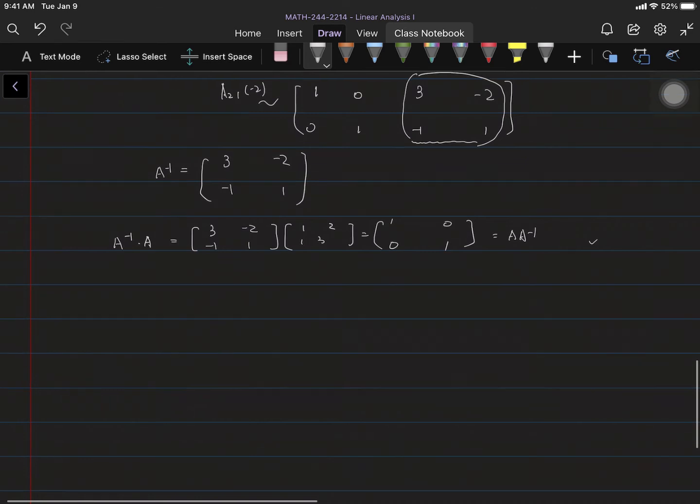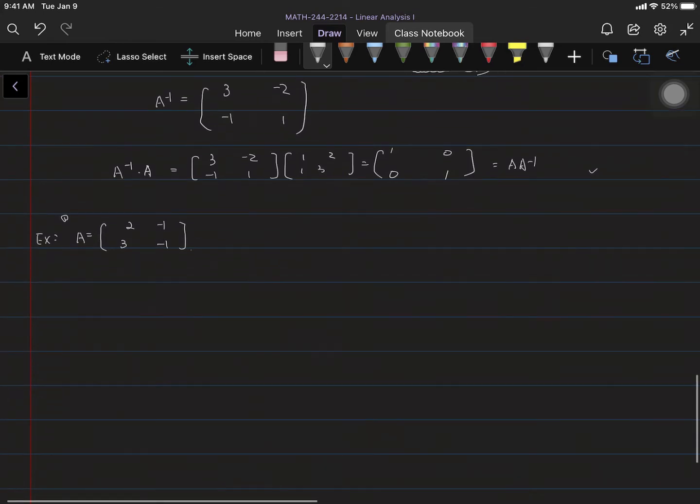Now we can try to do one exercise problem. Here is the matrix A. Let's find the inverse matrix. And the second problem, I give you a 3 by 3.